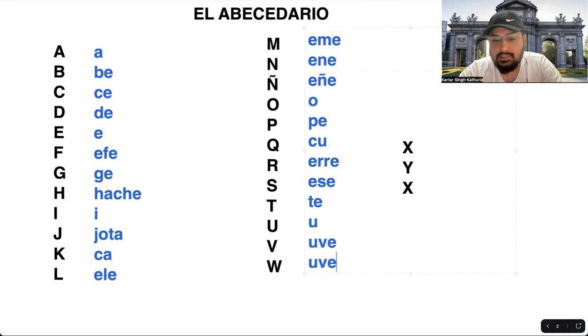So how do we pronounce Z? It is not Zeta as in English. We have to put our tongue to the front. It is Zeta. Right?